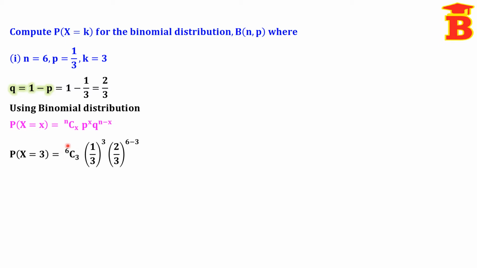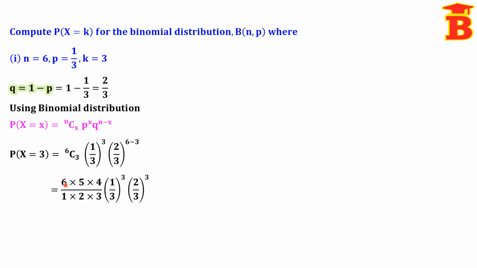And we know that 6C3 is 6 reduced 3 times divided by 1 into 2 into 3. So 6 reduced 3 times means 6 into 5 into 4 divided by 1 into 2 into 3. This is the expansion of combination, into (1 by 3) cube into (2 by 3) whole power 3.